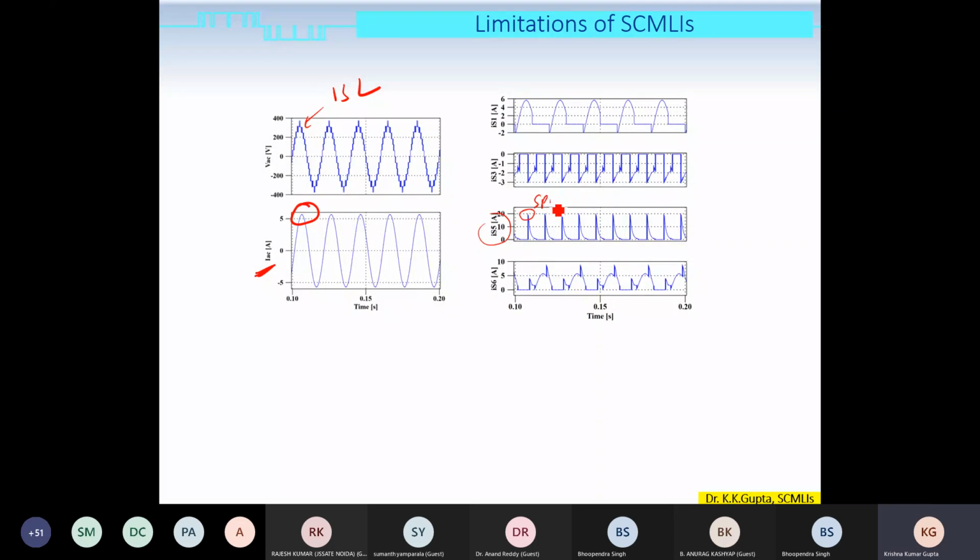These are the spikes which come in the switches when the capacitors become in parallel with the source, right? So this is an important limitation of these topologies. The current stress in various switches will be more than the load current itself.